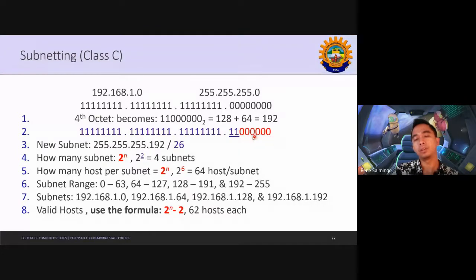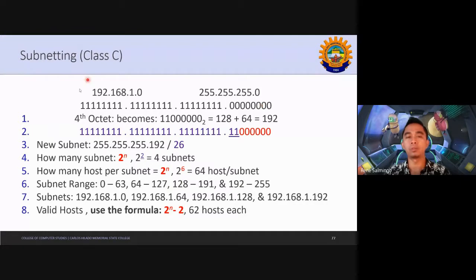Okay? And your number of subnets will be considered only from your fourth octet. So how many ones do you have in your subnet mask? You have 2. So this would have 4 subnets, and you have 64 hosts per subnet.